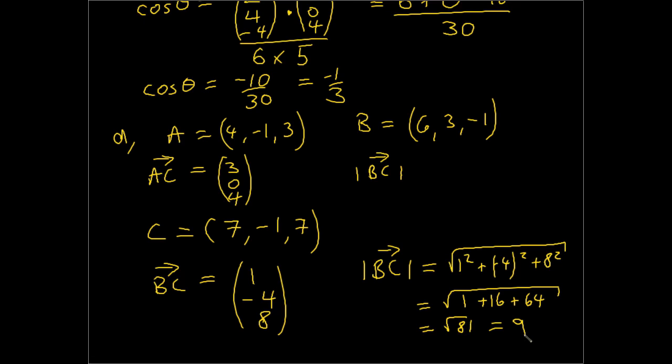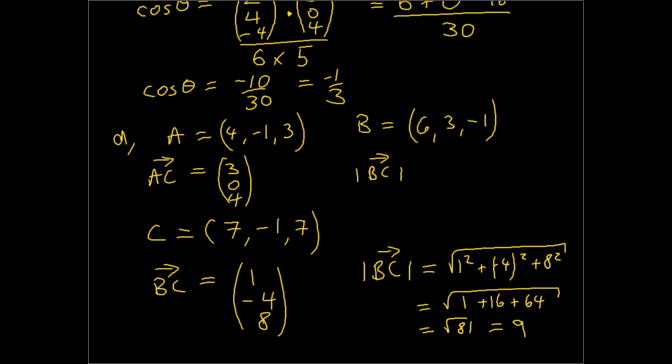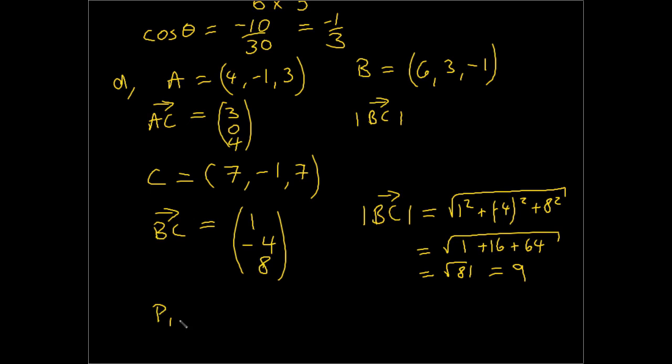So the answer is 9. We can just write that down. P1 and P2 are 9 meters apart when T is equal to 2.